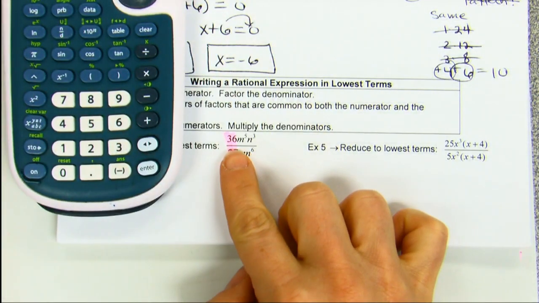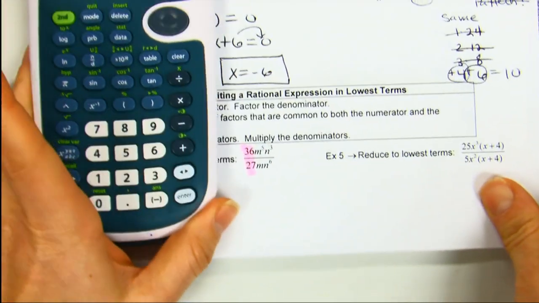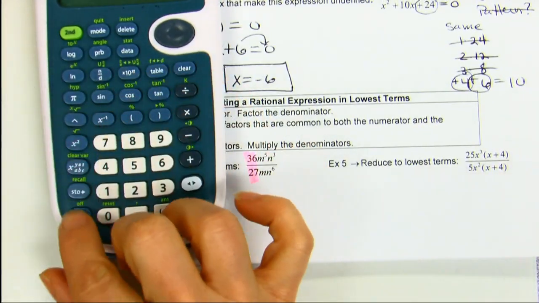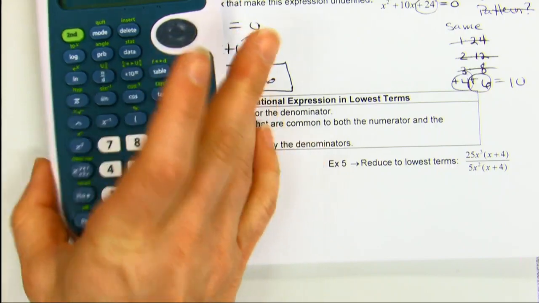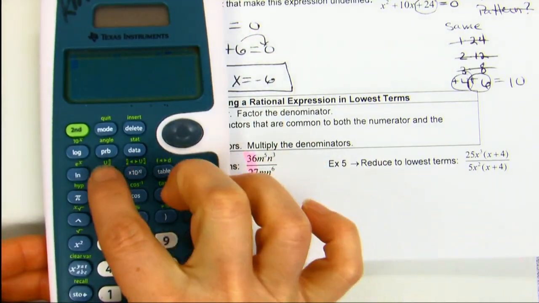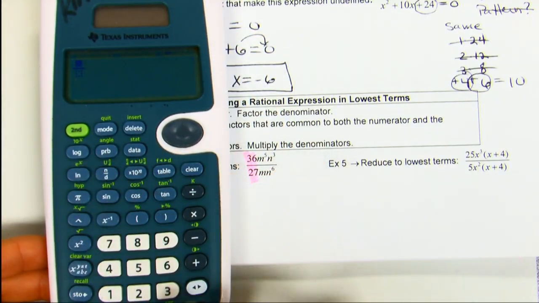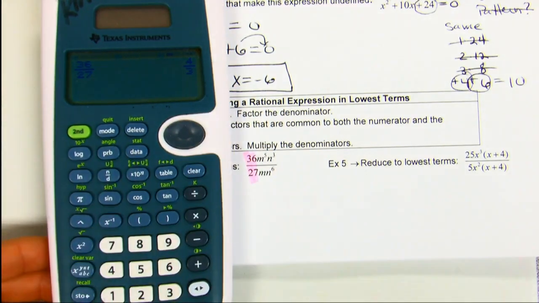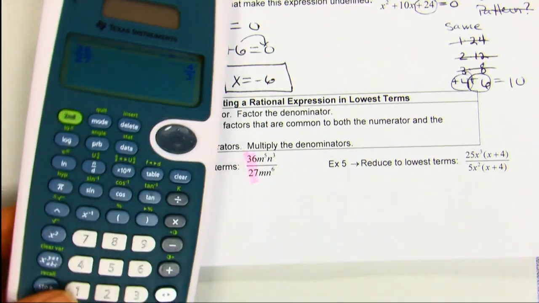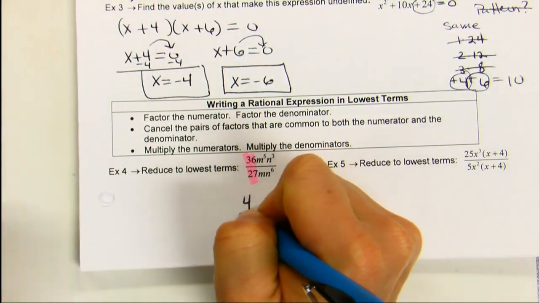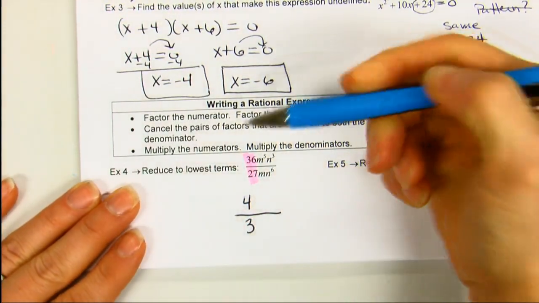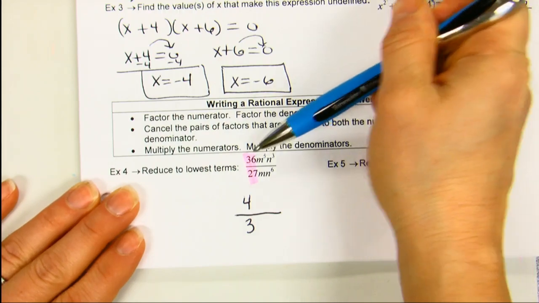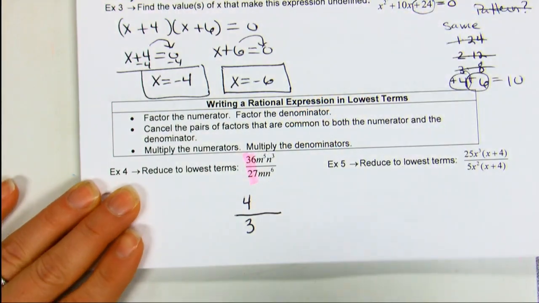If you look at that and you don't see that 9 can go into those two numbers, remember your calculator. Your calculator can reduce it for you, so hit your N over D button, 36 over 27, and it will reduce it to 4 over 3 for you. Or you could have thought 9 goes into 36 4 times and into 27 3 times.